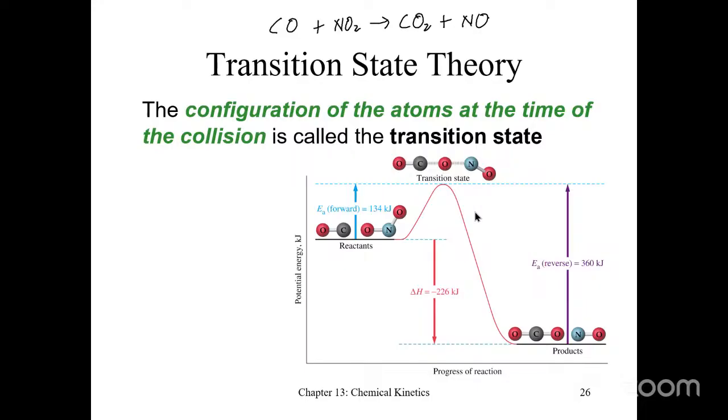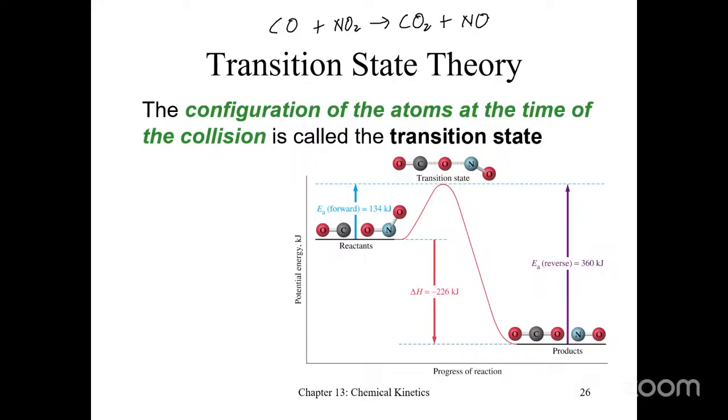And that would result in a release in energy until you get to the products down here. And here we have the carbon dioxide molecule and the nitrogen monoxide molecule, which are the products, all right? And we can determine based on the energy diagram, the enthalpy change for that reaction, which would be equal to the energy of the products minus the energy of the reactants, which would be equal to minus 226 kilojoules.